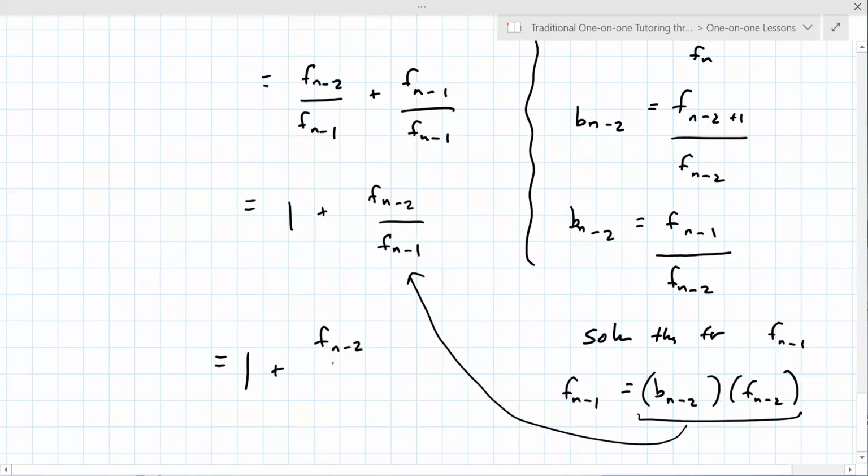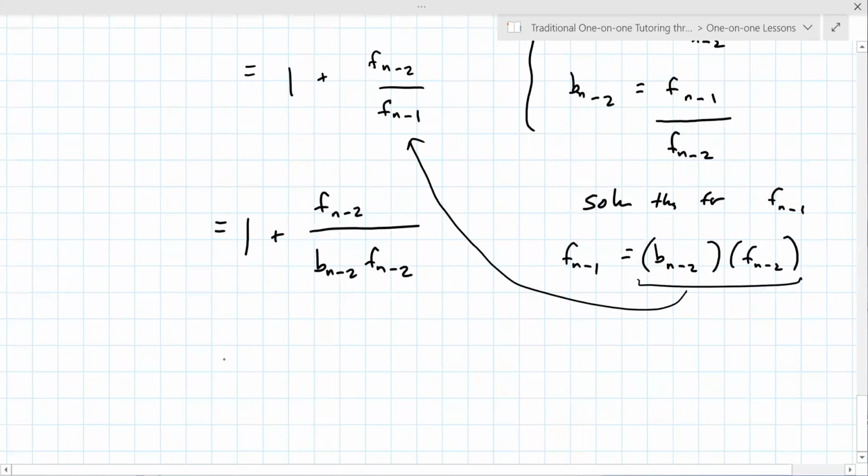You get a bunch of cancellations. You get Bn minus 2, Fn minus 2, and you can see you get a cancellation there. There it is. Wow. That worked. That was a whole bunch of just stuff.